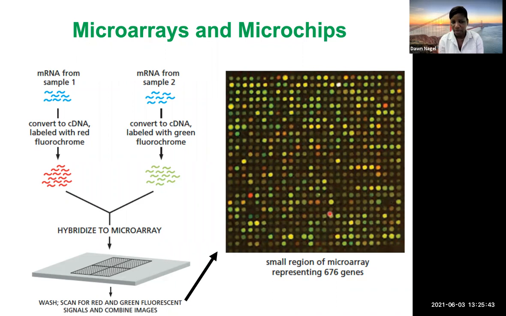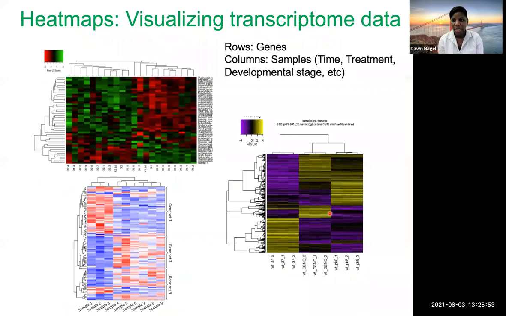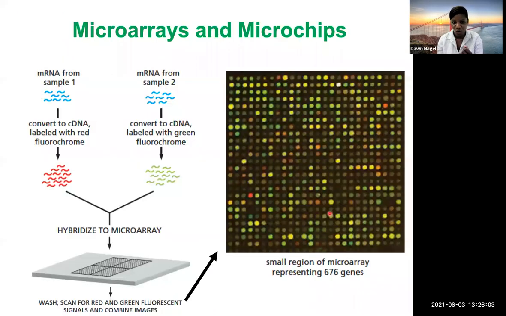Okay. So you can use this technology, and this was widely used and it's still widely used depending on the group. And once you have all of this information, you need to find a way to go from looking at this chip, because imagine this is a blown up version of what you see.